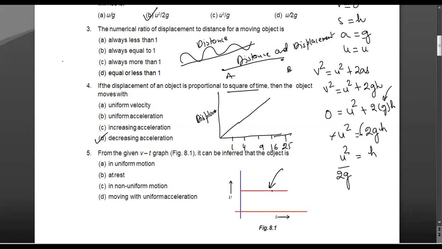In question number 5, what should be the correct option?